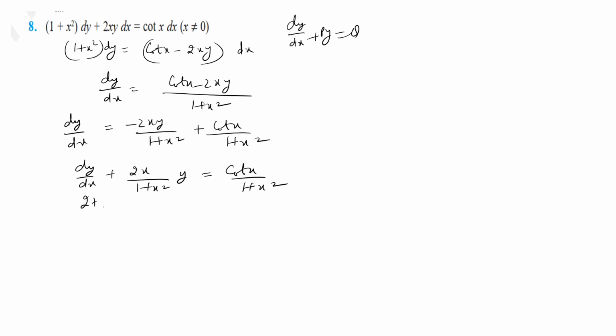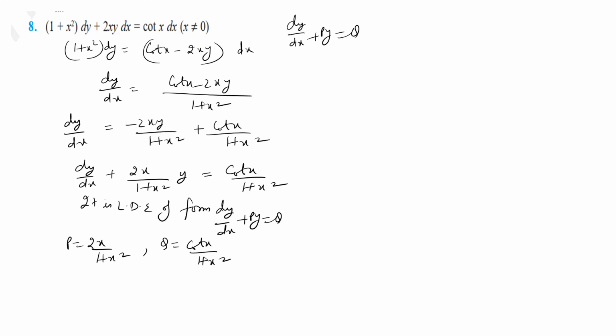So it is a linear differential equation of the form dy by dx plus py is equal to q. P is equal to 2x upon 1 plus x square, and q here is cot x upon 1 plus x square. Integrating factor is e raised to power integral of p dx, 2x upon 1 plus x square.